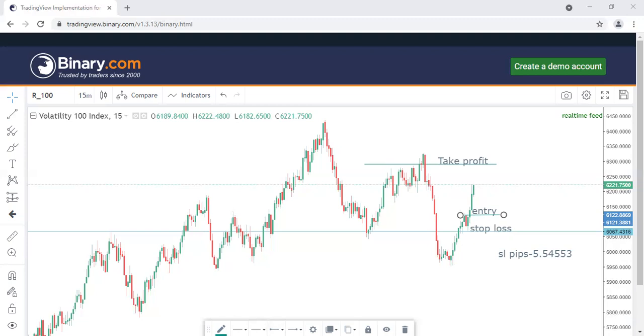So that is 96.1131 points. But for pips, you divide it by 10. So that will be 9.61131 pips.